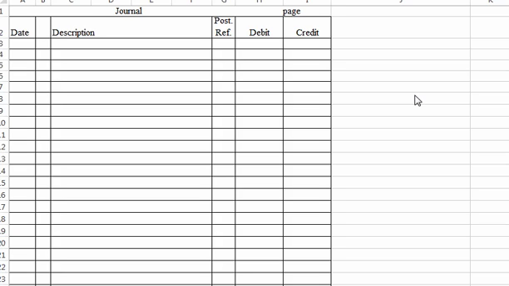State income taxes work the same way. They're withheld from your check as the year goes by by the employer, and the employer sends them in to the state. Then at the end of the year, the employee files a personal state tax return.